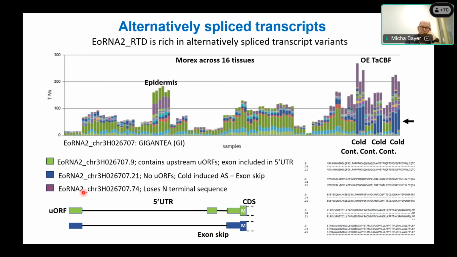There is another transcript there, which is this purple transcript here. So this, again, is a gene that basically is losing its N-terminal sequence. I haven't really shown you that information. The point here is that you can see quite distinct switches going on that are the result of the change in alternate splicing in response to the condition. And EORNA2 gives you that information.